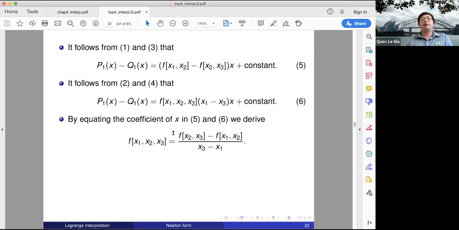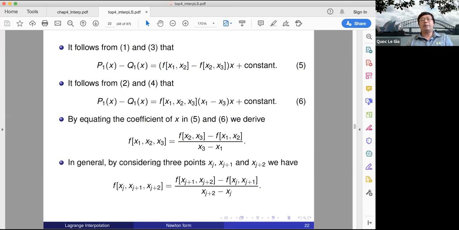And then once you prove it, you replace 1, 2, 3 by j plus 1 and j plus 2, and then you have the same. So the divided difference over 3 points is the difference of divided differences over 2 points, 2, 3 and 1, 2, over x3 minus x1.